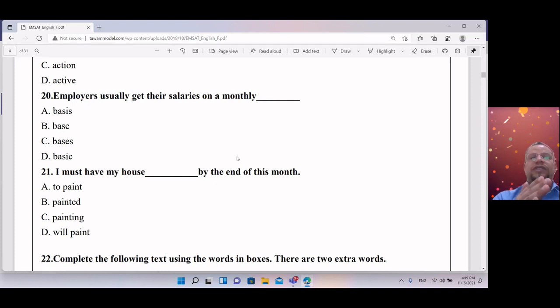Again, if you have, then a noun, the next is a verb in the third form, past participle. I must have my house painted. I must have my hair cut. So cut is a verb in the past participle. So the answer is painted too.